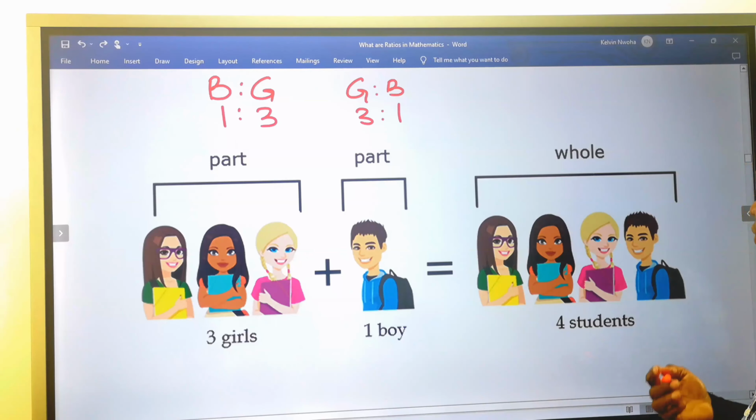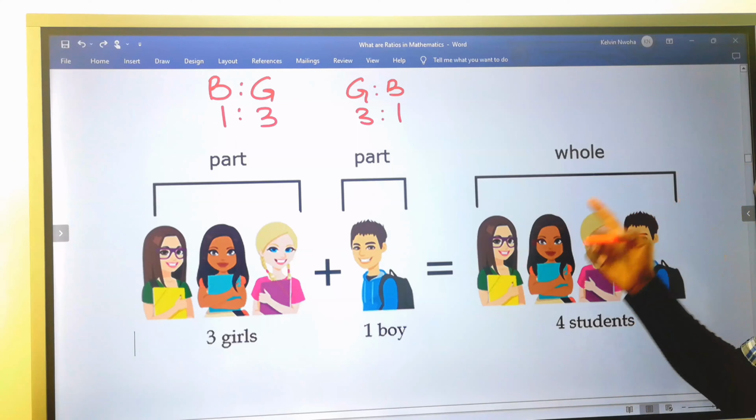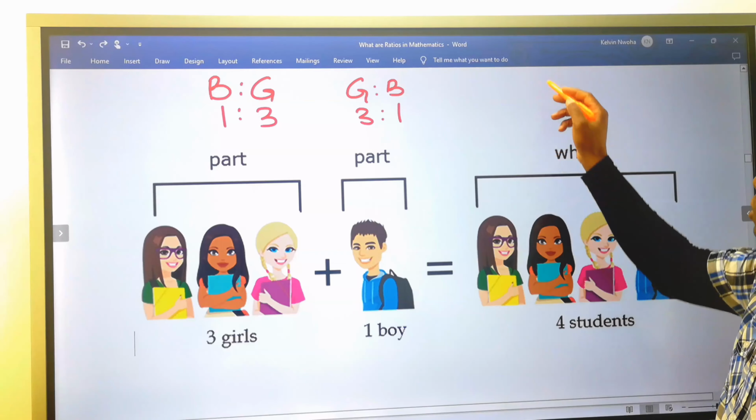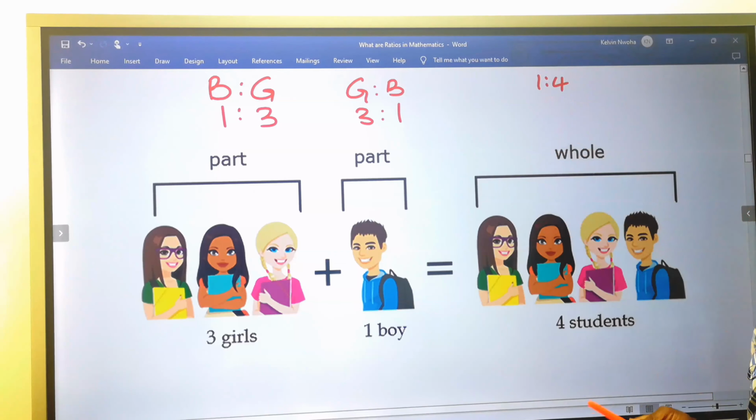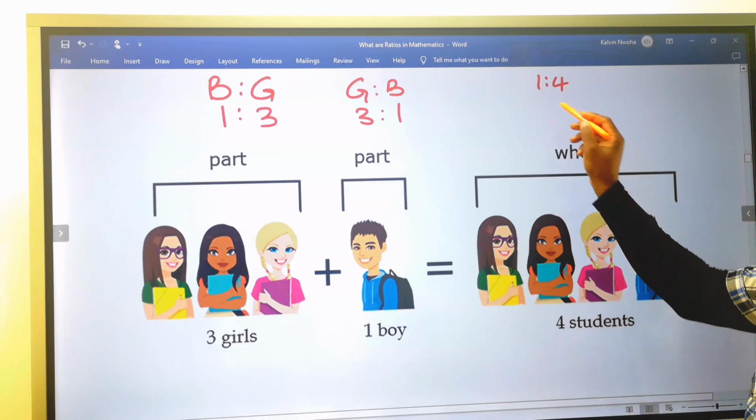If I'm going to consider this boy in this whole class, it's going to be 1 to 4. This time around, I'm counting everybody. This is for the boy.